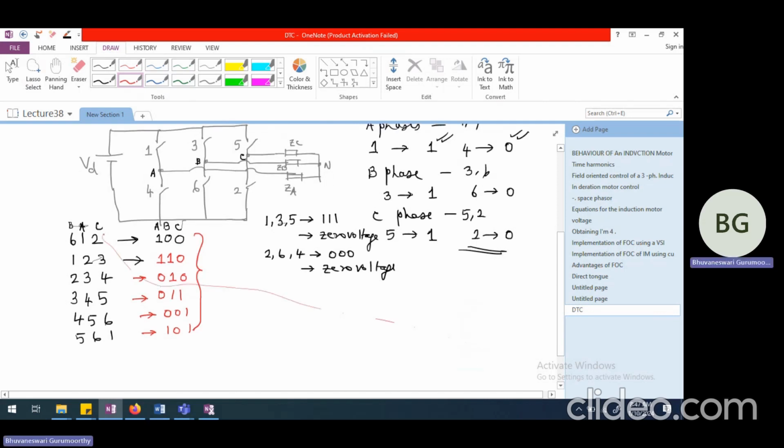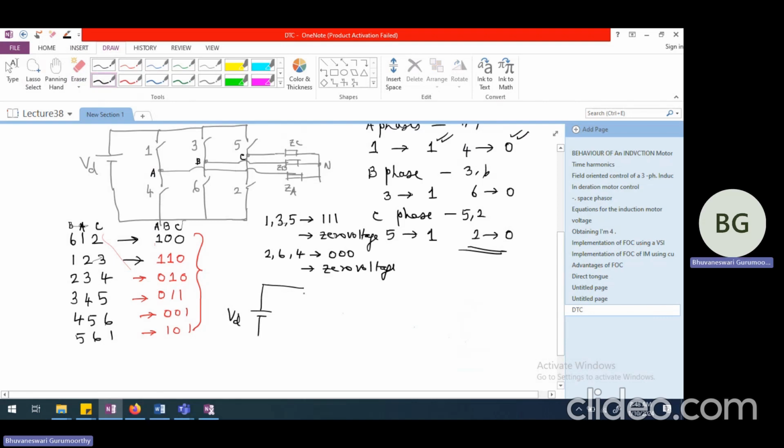So if I am looking at 6, 1, 2, let me first of all draw the circuit of the inverter in such a manner that I am able to show 6, 1, 2 being on. So this is VD, and 1 is on.